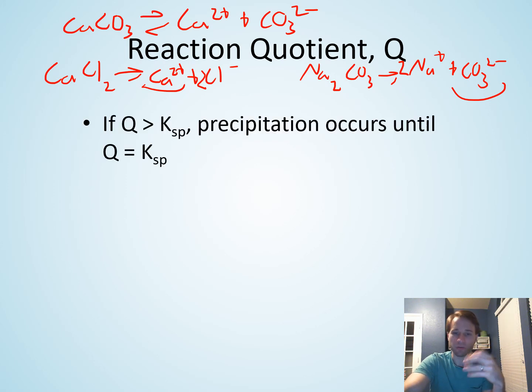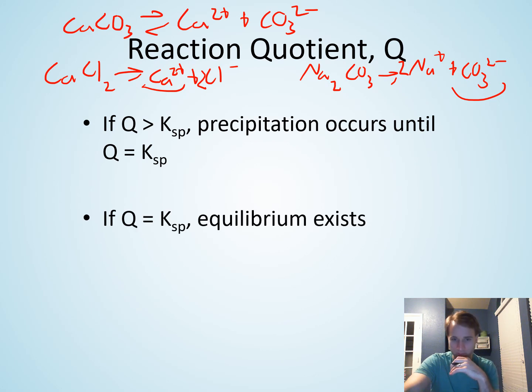If the reaction quotient Q is greater than the equilibrium constant, that means I've got too many products. My products are ions in solution, which means I have to form reactants. So I'm going to form solid, and precipitation occurs until eventually Q equals Ksp and I've reached equilibrium and formed a saturated solution. If Q equals Ksp, then you're already at equilibrium, you've got a saturated solution, and nothing happens.